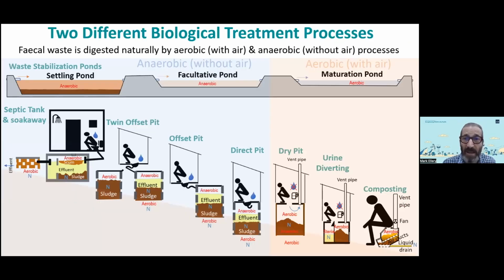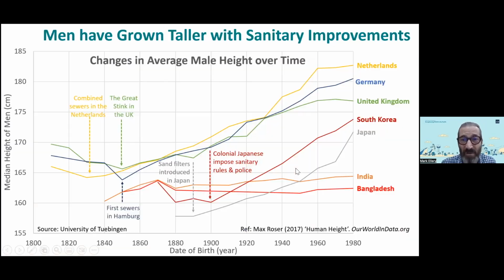And what we see is that the inflection points in the changes in height of people over time are related to the introduction of sanitation systems.